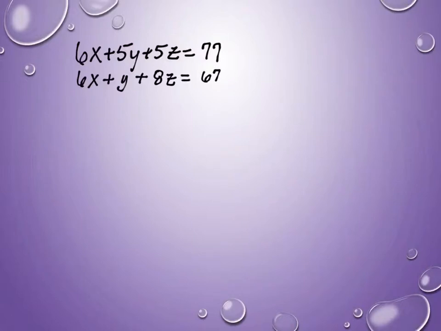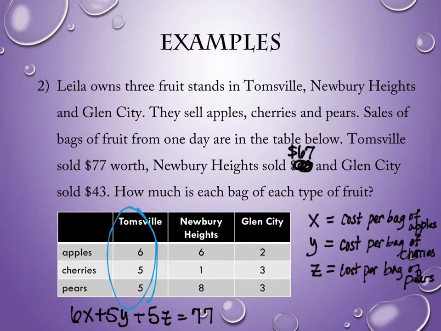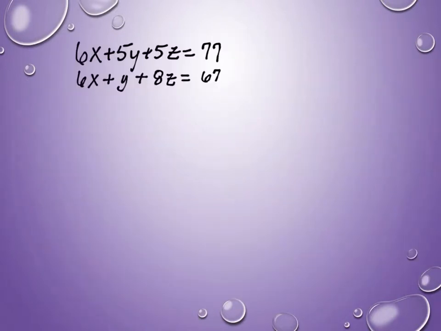And then our last location, Glen City, what would its equation look like? Very nice. 3 equations, 3 unknowns.